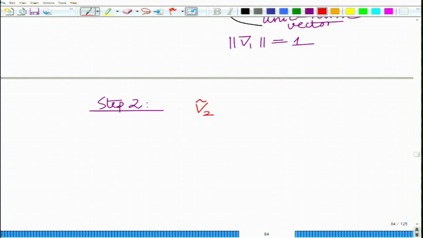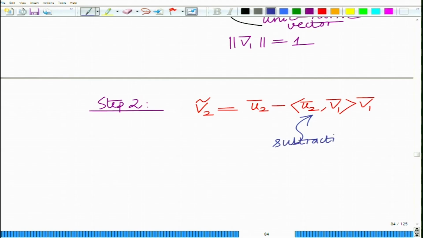Remember, so we look at V2 tilde equals U2 bar minus, what we do is we subtract the projection of U2 bar on V1 bar. That is what we are doing.